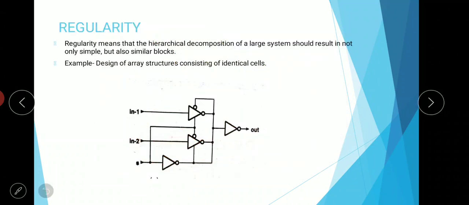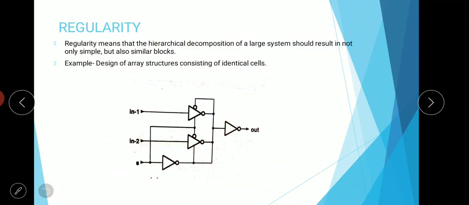Next we discuss regularity. Regularity means that the hierarchical decomposition of a large system should result in not only simple but also similar blocks. Means divide the structure into simple blocks, but simple is not sufficient. We need similar blocks also, as it helps to reuse the design again and again.